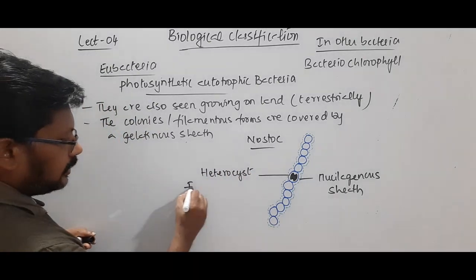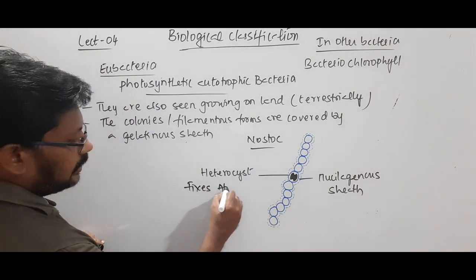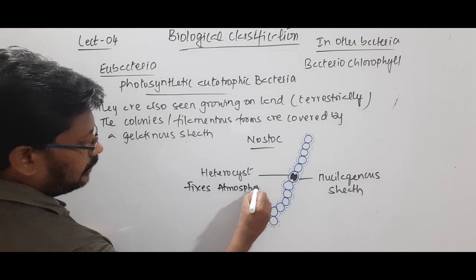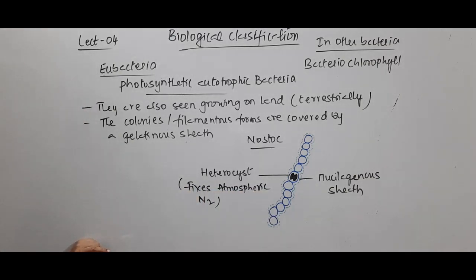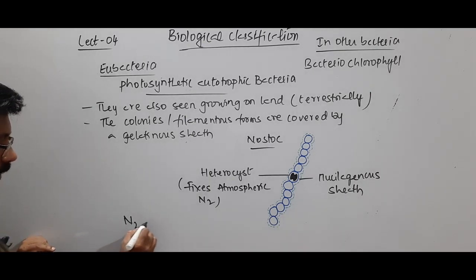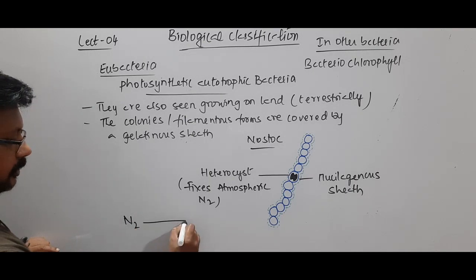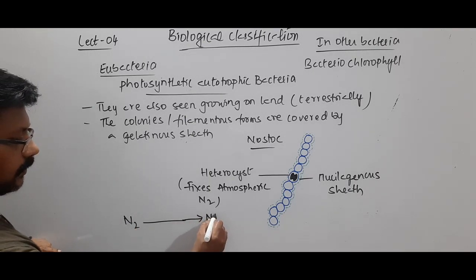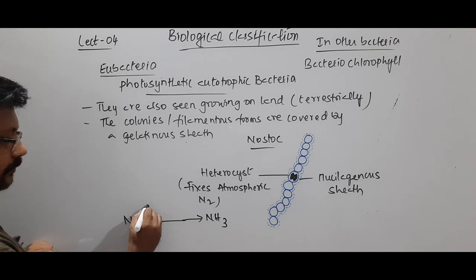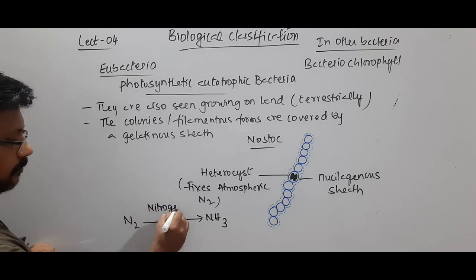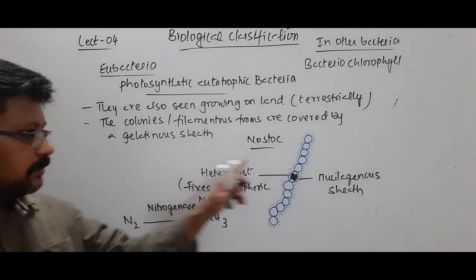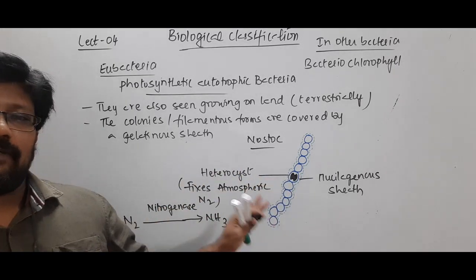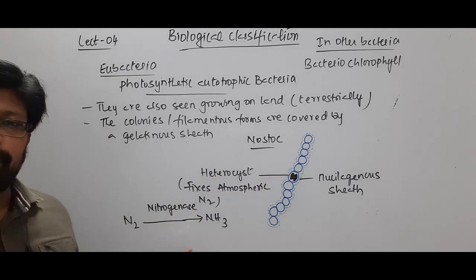Heterocyst fixes atmospheric nitrogen. What is this fixing of atmospheric nitrogen? It is the conversion of nitrogen into ammonia, and this is done in the presence of an enzyme called nitrogenase. That nitrogenase is present in this heterocyst, and it helps in fixing nitrogen.